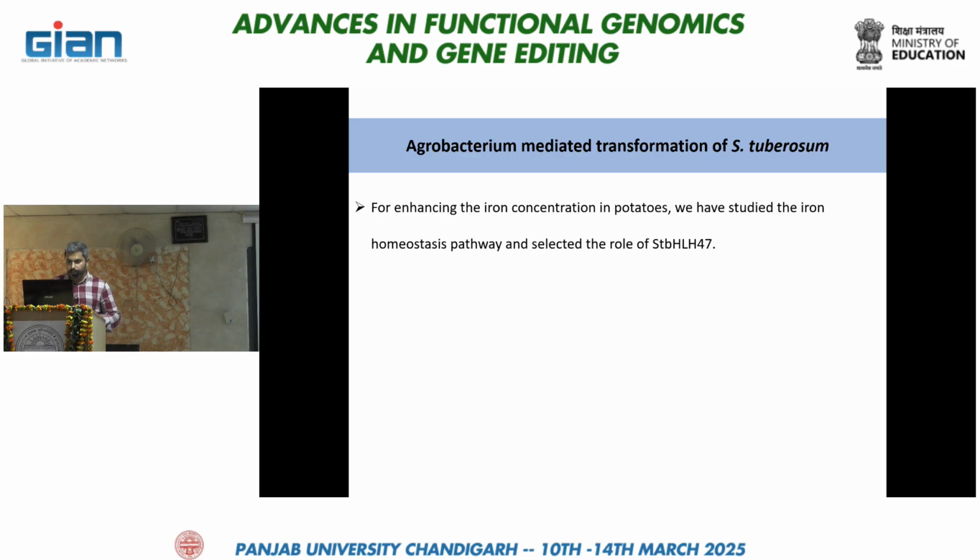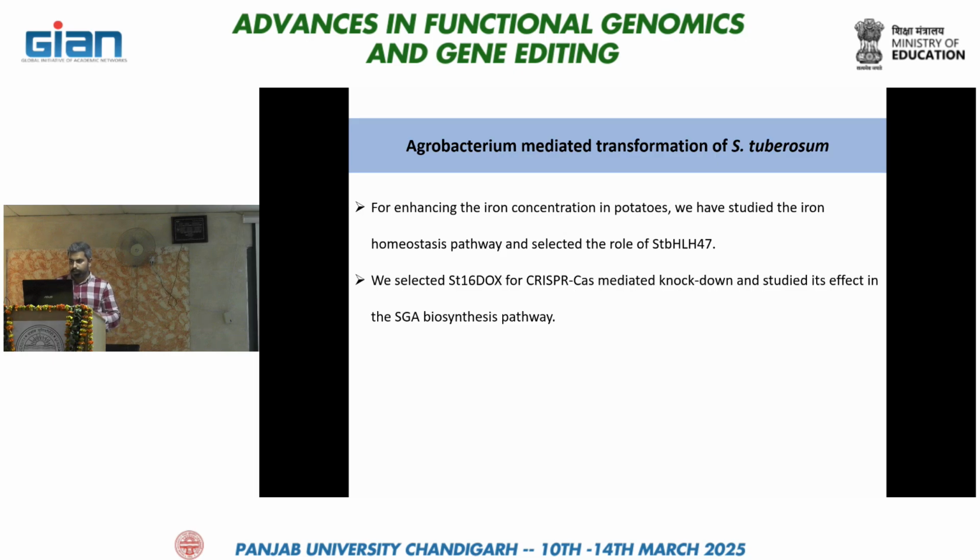So we have taken two genes for which we have optimized this transformation in potato. For enhancing the iron concentration in potato, we selected the transcription factor BHLH47 and studied the iron homeostasis pathway in potato.